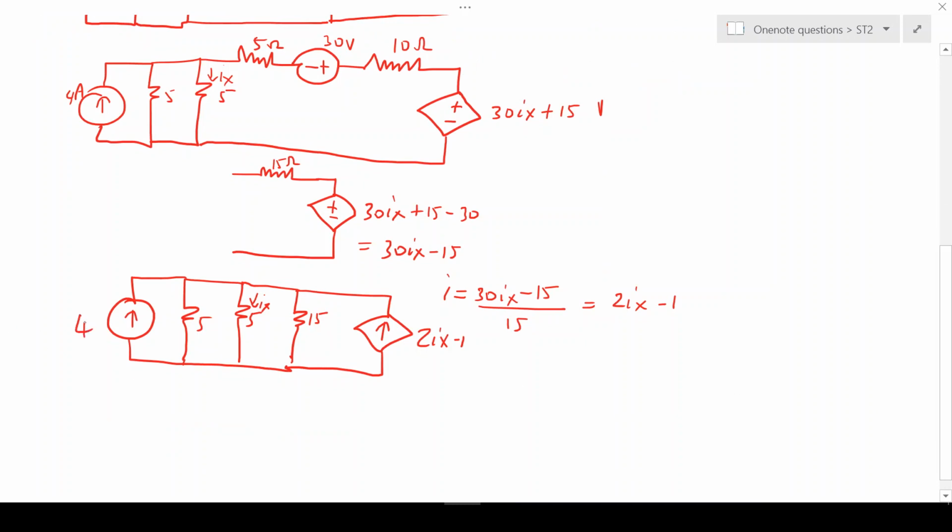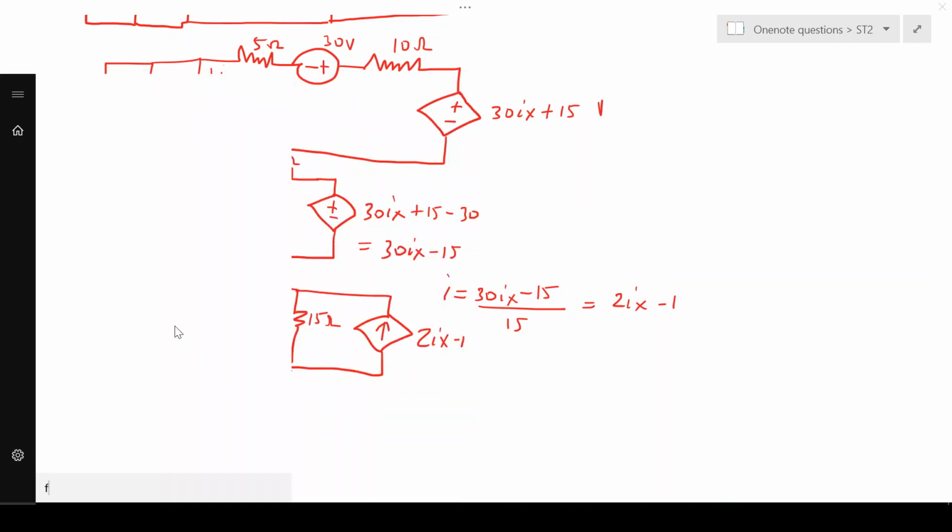Okay. Next, we will further simplify the circuit. We're looking for Ix, so we should be able to add these two currents together. They are in parallel. We should also be able to put these two resistors together since they are also in parallel.